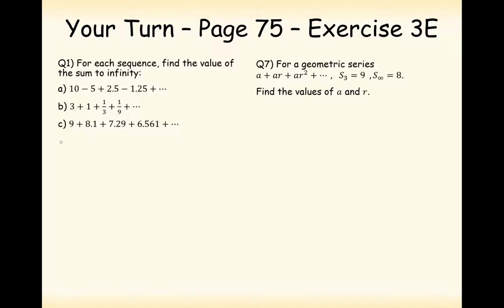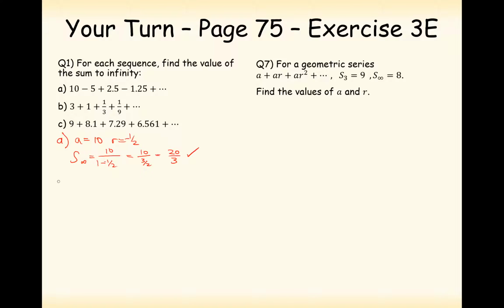Okay then, so let's have a go at part A then. In this case here, A is equal to 10, R is equal to minus a half. So the sum of the infinite summation here is going to be 10 over 1 minus a half. So it's going to be 10 divided by 3 over 2, which is going to be 20 divided by 3.